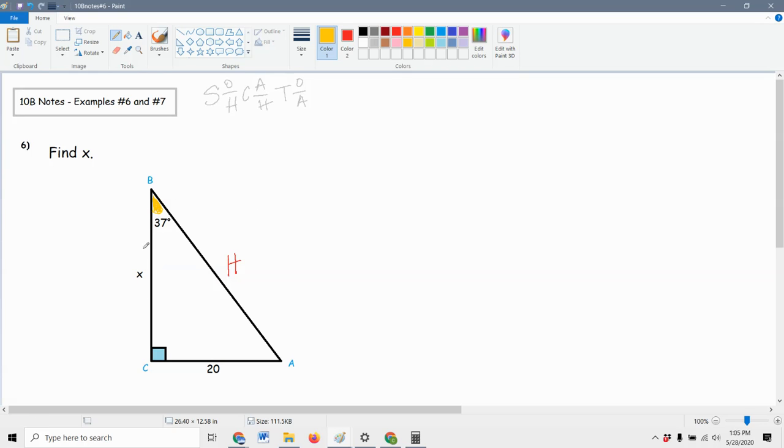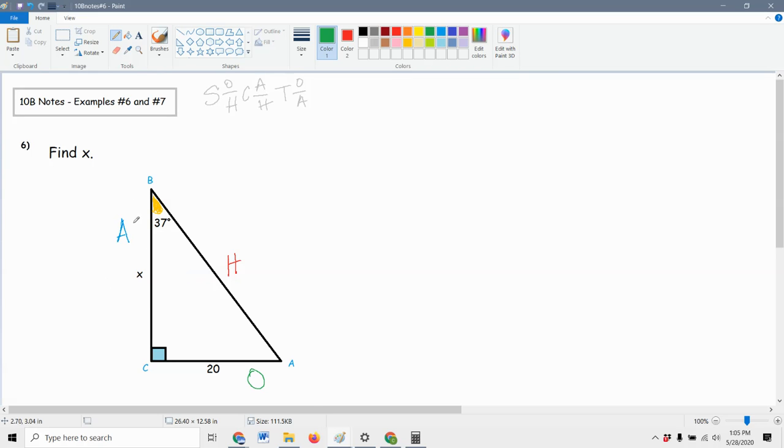And so this side here that's touching or next to that angle, we label with a capital A for adjacent, meaning next to. This side all the way across, not touching our angle, we label with an O for opposite side. So adjacent side and opposite side. Now we want to look at what information we have.